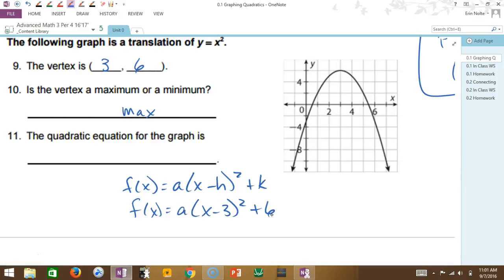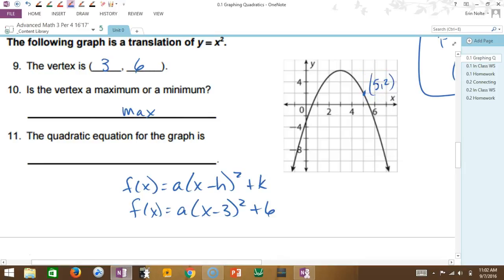How do I find the a value? You do some stuff. Very good. Give me a point on the graph. 5, 2. So this is the point 5, 2.